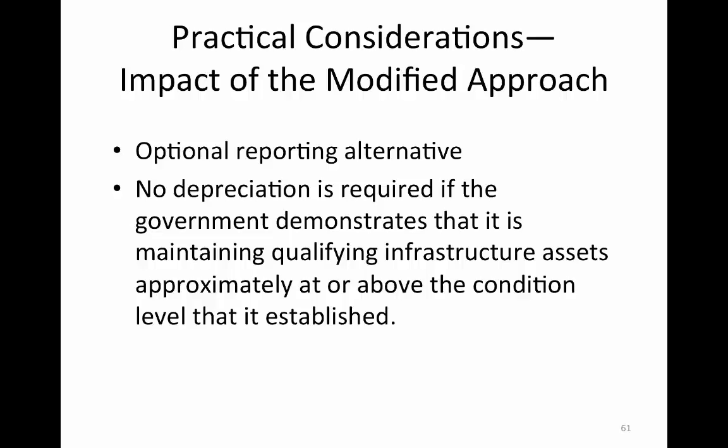It may have the effect of making their net investment in capital assets look more robust than another government that is identical in all ways, except it just uses depreciation for all of its infrastructure assets and doesn't use the modified approach. Consequently, if you're using a ratio with total net position in it and comparing those two governments, it might make the government using the modified approach look healthier because of the way it is reporting its capital assets.